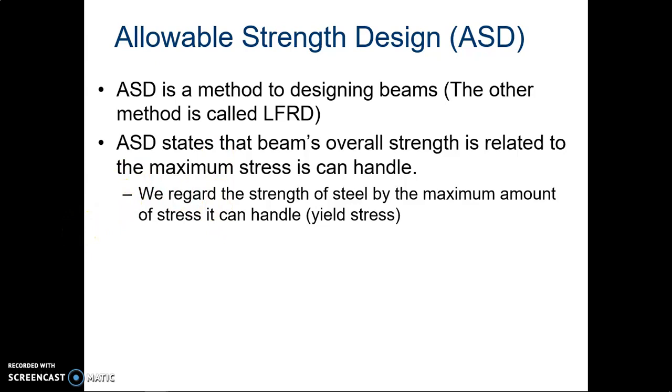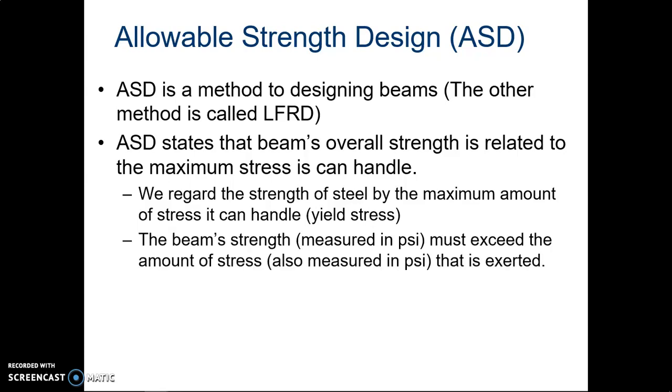Remember those stress and strain graphs last video where you wanted to be under the yield stress to be in the elastic region? That's where this comes into play. We're saying that the strength of steel is its yield stress, and that'll be given to you. Remember, if I'm telling you it's A36 steel, you know 36 KSI is the strength, so on and so forth.